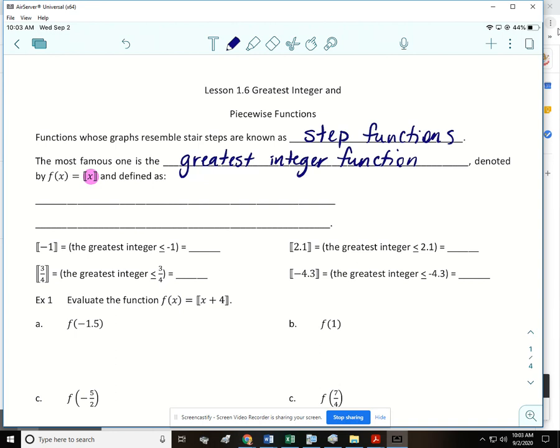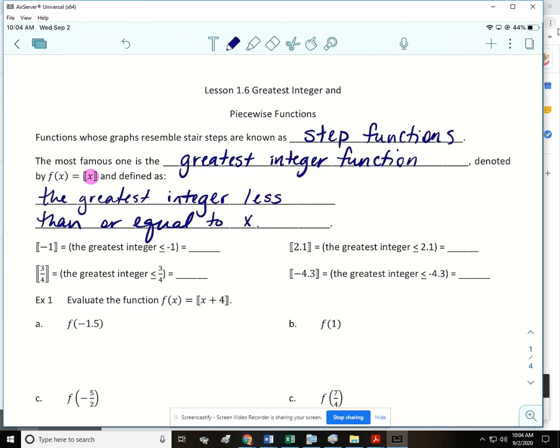And it's defined as the greatest integer less than or equal to x. So in this case, x is what's inside the brackets.